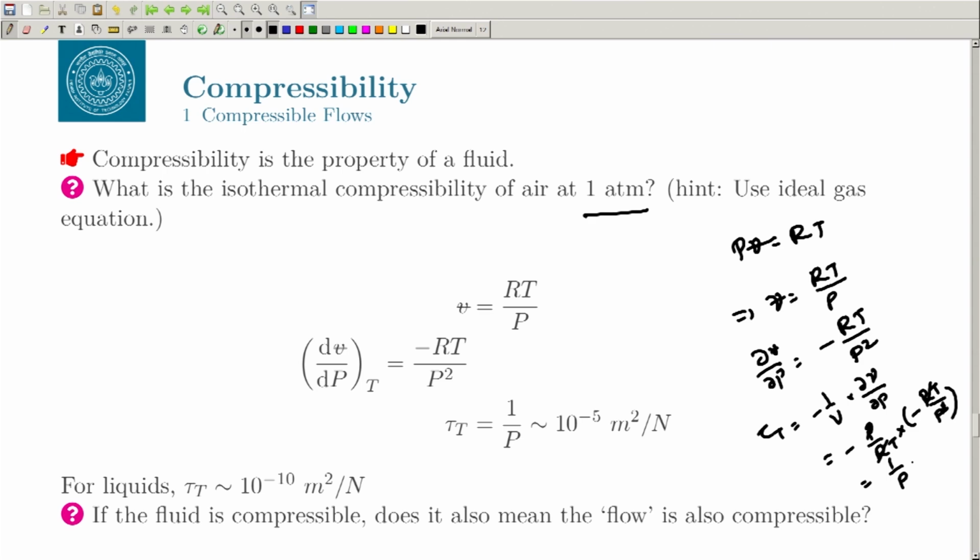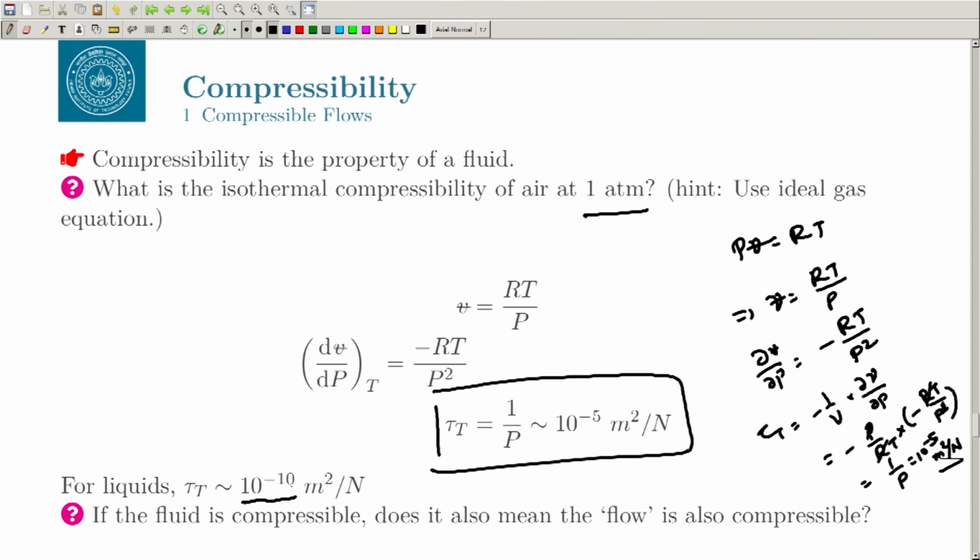So, if P is 1 atmosphere, that is 10 power 5 Pascal, this will become 10 power minus 5, and since Pascal is Newton per meter square, this will become meter square per Newton. Similarly, you can calculate the isentropic compressibility also. So, this is the value that we are getting for air. For liquid, your compressibility value is 10 to the power minus 10. So, you can easily see that there are 5 orders of difference between the liquid and the air.